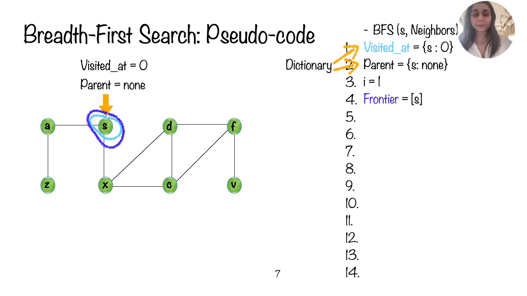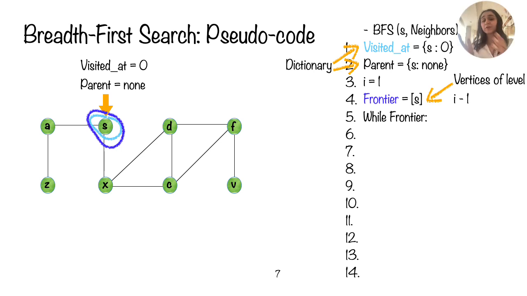So that's the frontier, and that's the visited at. Here the frontier is the vertices of level I minus 1. I now is 1, so I minus 1 is 0. So these are the vertices that I visited at step 0. That's what the frontier is for now in the initialization. It's all the vertices I visited first, the starting position.